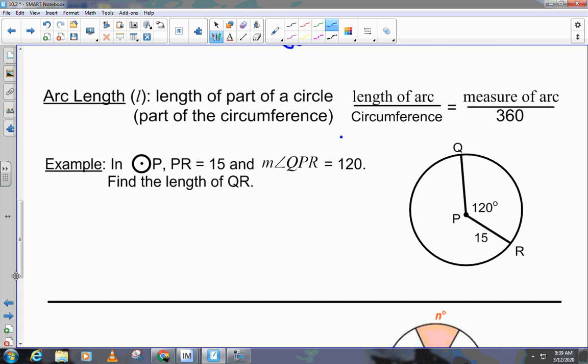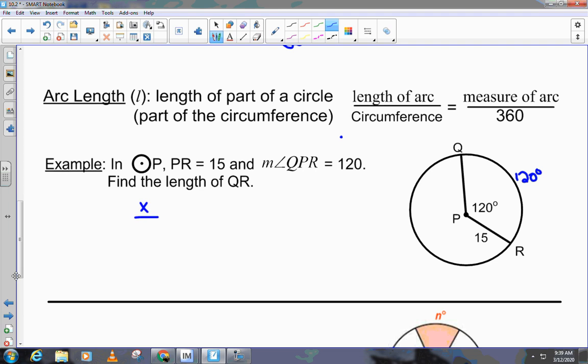All right, so in this example here, it says you have circle P. It says that PR is 15 and the measure of angle QPR is 120. We want the length, okay? Now, what's the measure of the arc? 120. The measure of the arc is 120 degrees. We want the length of it, okay? So to find the length, we take the length, which we don't know, out of the circumference.